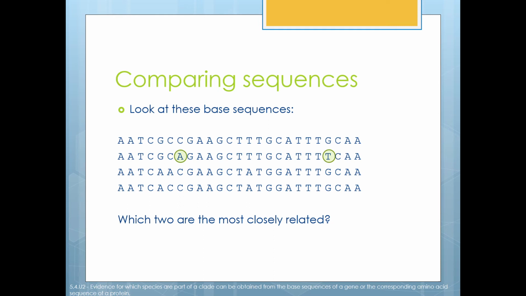Look, if you compare the first and the second sequence, you will see 2 differences only. If you compare the first and the third, you will see 3 differences. Between the first and the fourth, again we've got 2 differences. And now what? Which of the sequences, the second or the fourth, is more similar to the first?